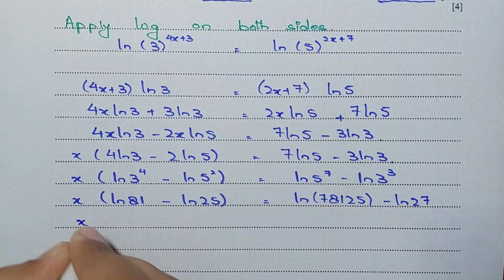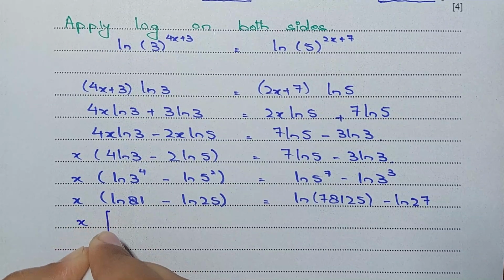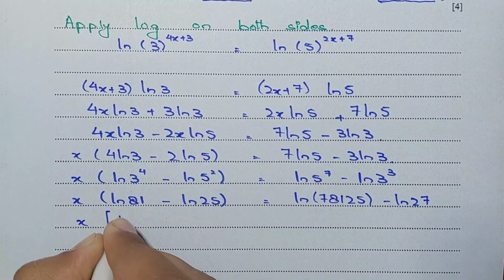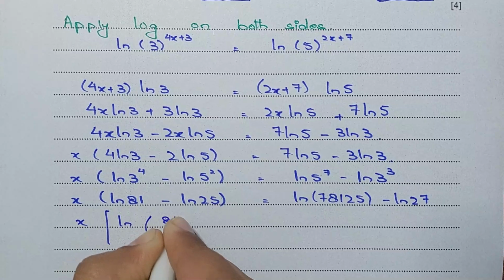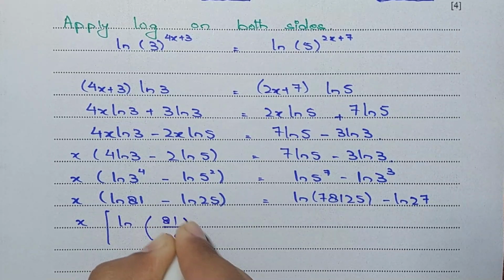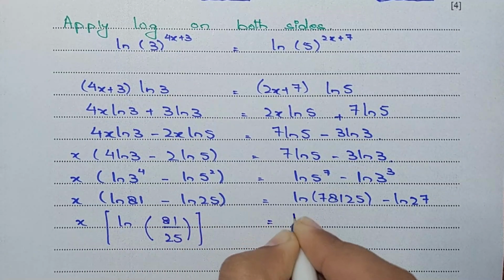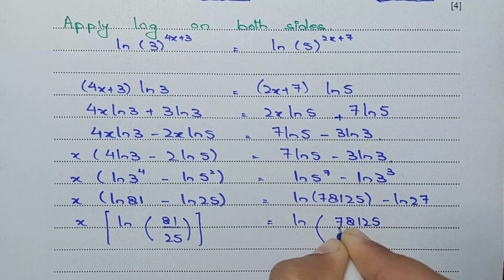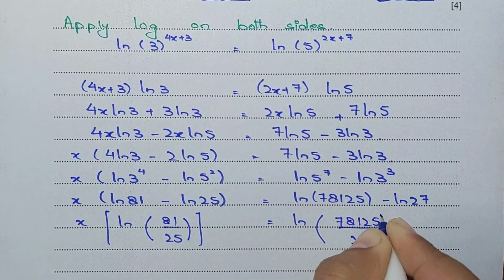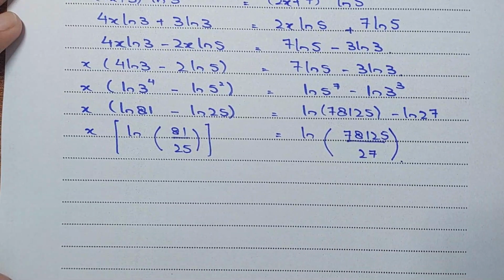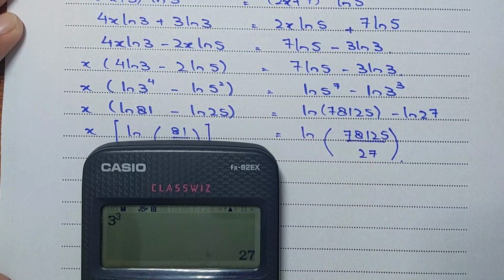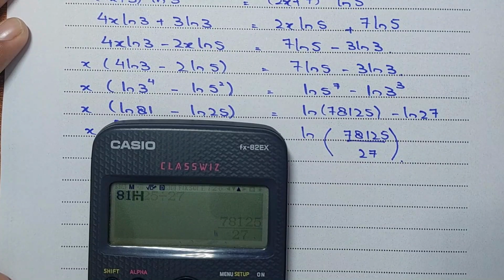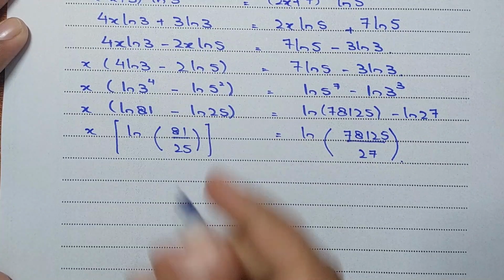Okay, so here we have x, and applying the difference property of natural log, we have natural log of 81 divided by 25 equals natural log of 78125 divided by 27. We leave 78125 divided by 27 as it is, and 81 divided by 25 as it is.